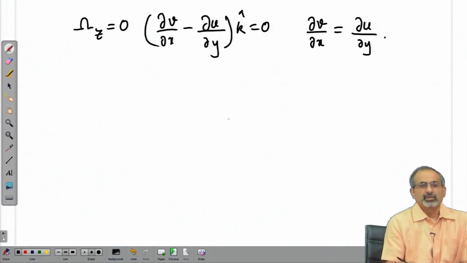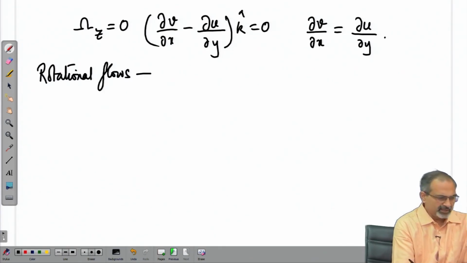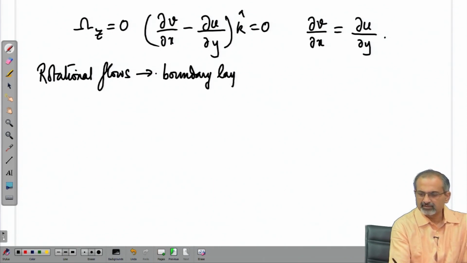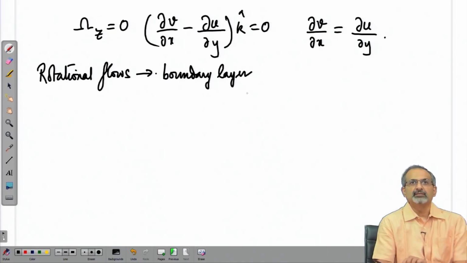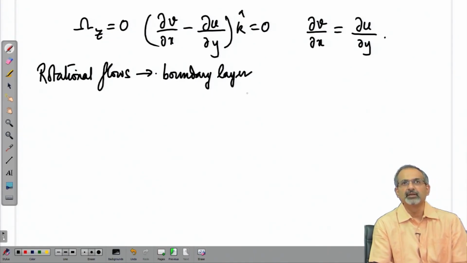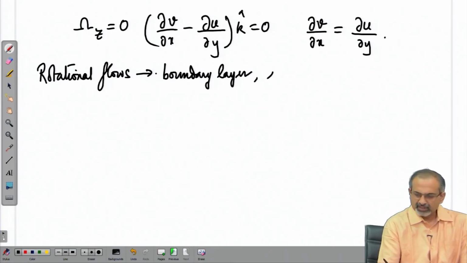Now, rotational flows are seen in boundary layers. We will discuss this in a subsequent lecture. These are the very thin viscous layers formed around solid surfaces when a viscous flow moves past a body, and it would be there in general for regions dominated by viscous effects.